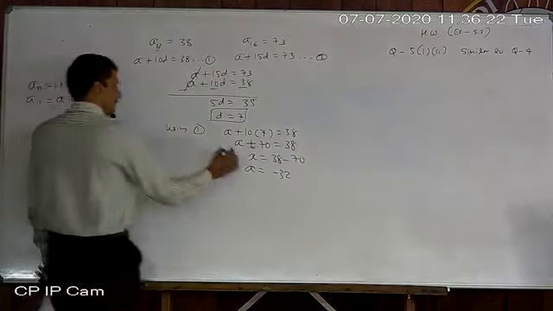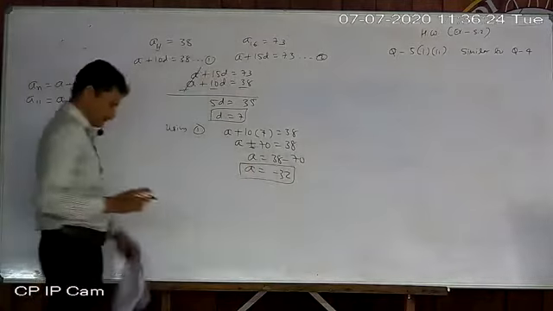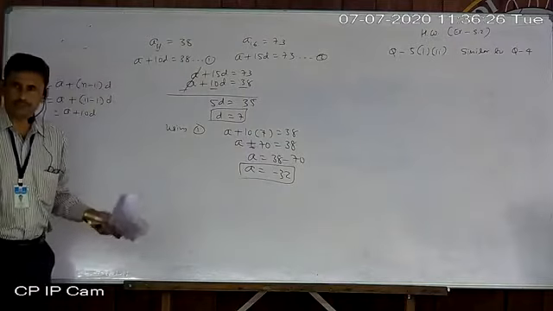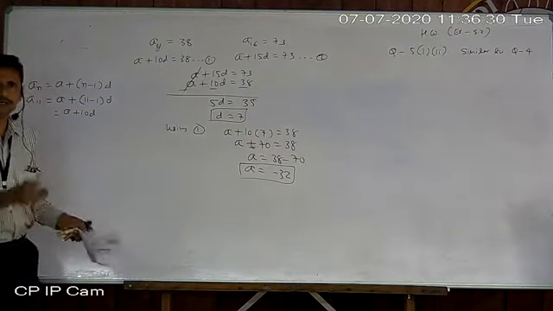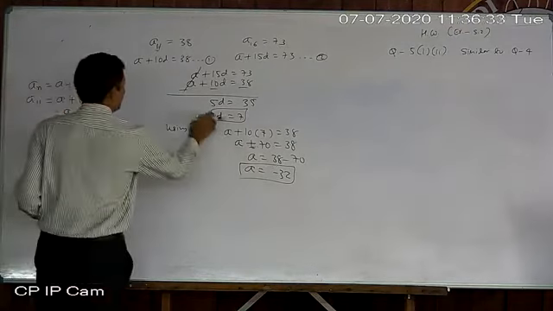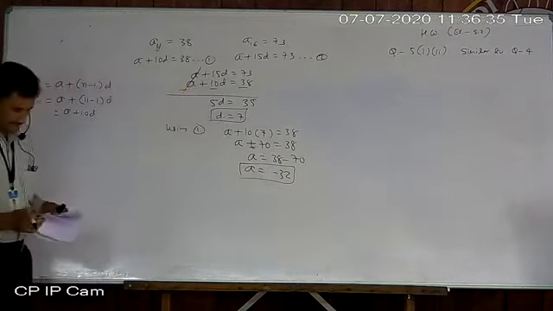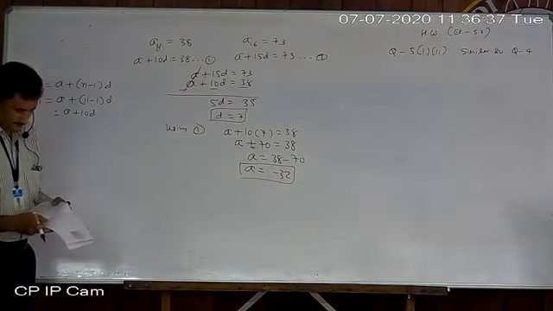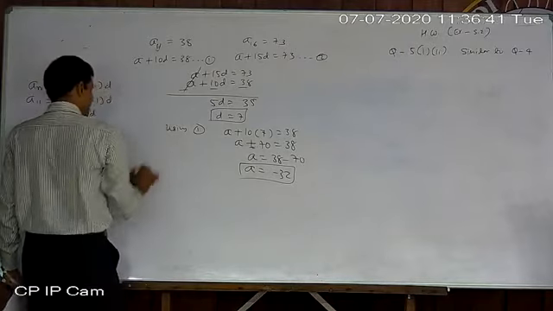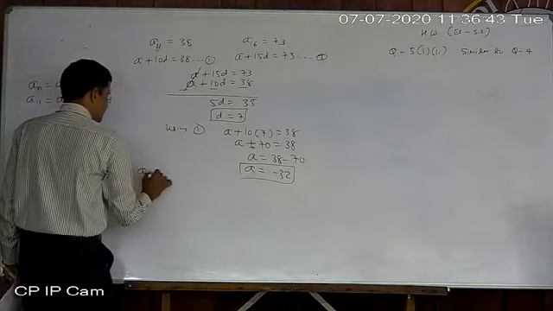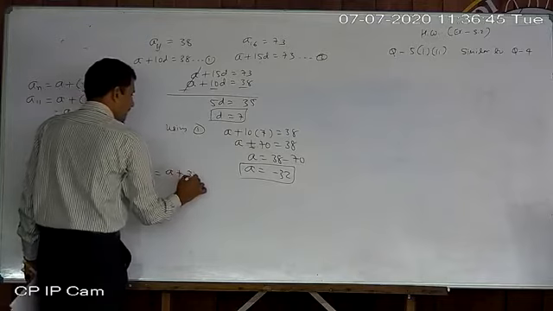Okay. So now we are having a and d both. So obviously we can find very easily whatever is asked. Now everything we are having. A and d means everything. Now what is asked? Find the 31st term. So now again use that. 31st term means a plus 30d.